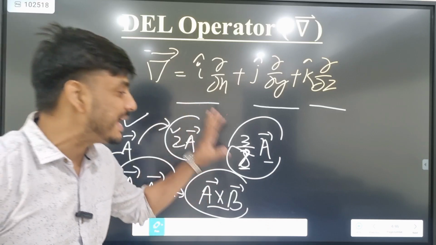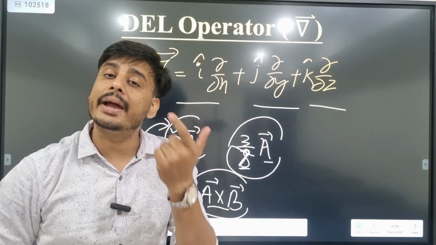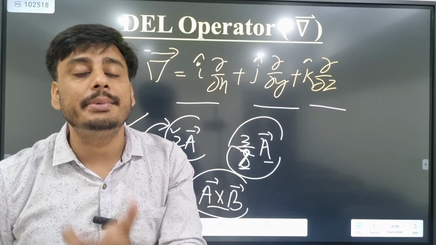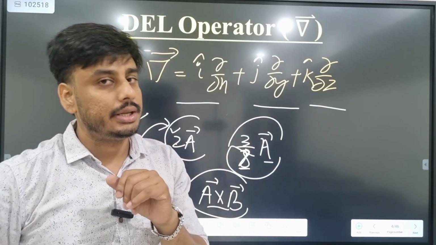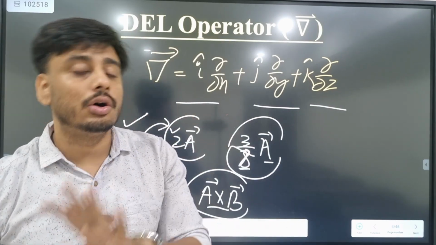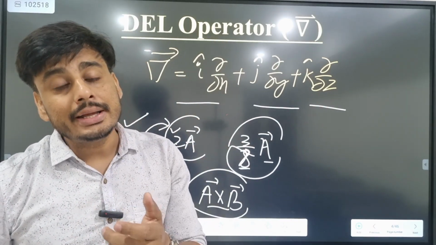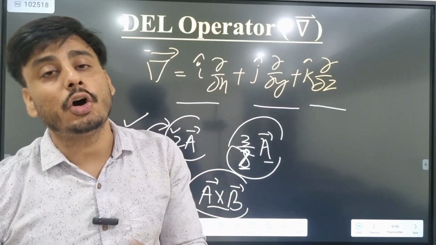The same concept we are going to use for del also. Since del is a vector partial derivative operator, we can apply del over a scalar quantity or over a vector quantity, either as a dot product or as a vector product. Accordingly, they are named gradient, divergence and curl.